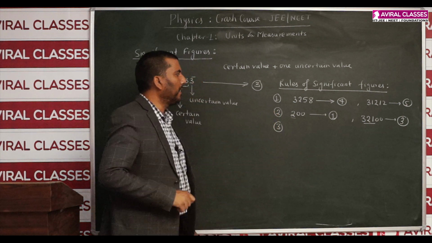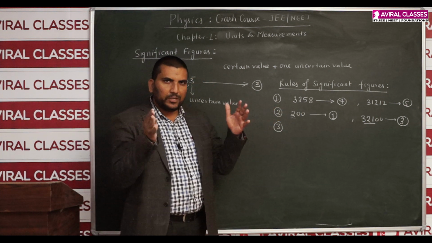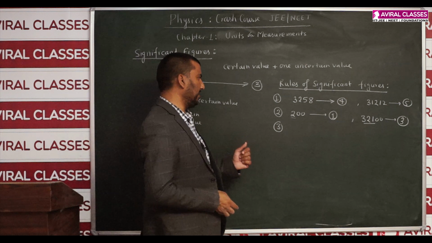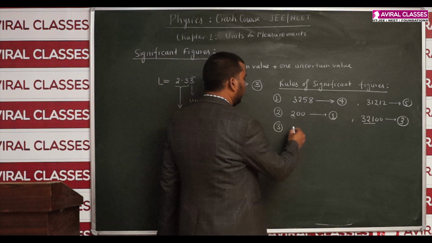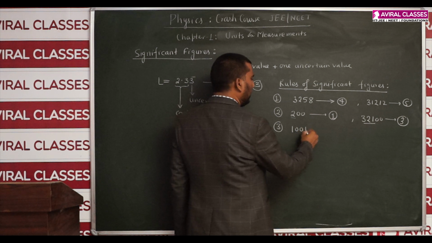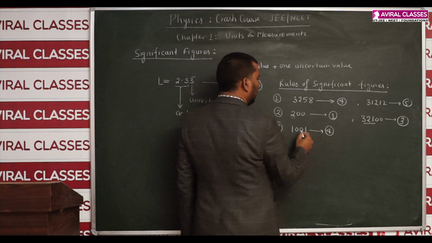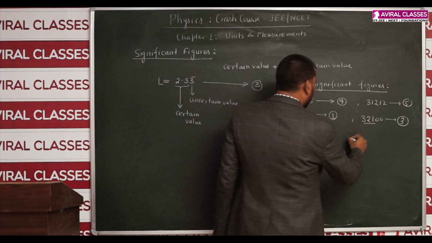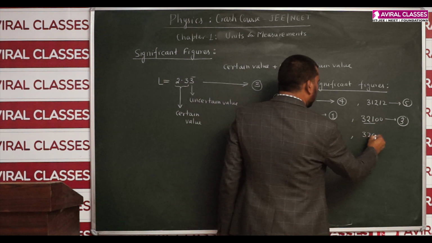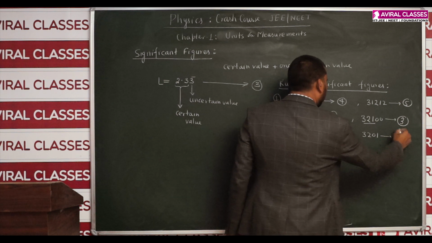Third, if a 0 comes between 2 non-zero digits, then it will be considered a significant figure. For example, if I have 1001, I have 4 significant figures: 1, 2, 3, 4. All are significant. If I have 3201, again I have 4 significant figures.